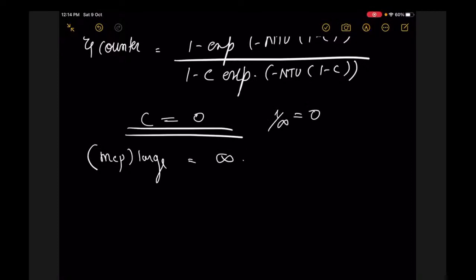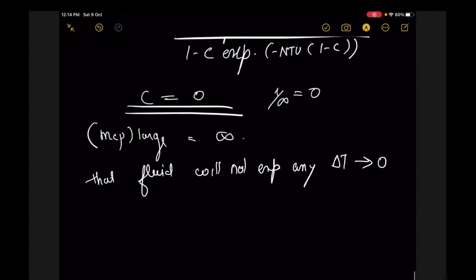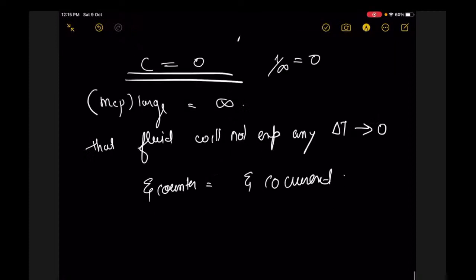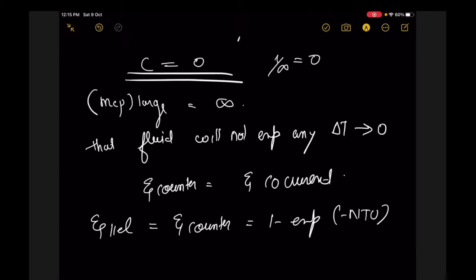That fluid will not experience any delta T. So here the efficiency of parallel equals the efficiency of counter, which equals 1 minus exponential of minus NTU. Like this. So write this.